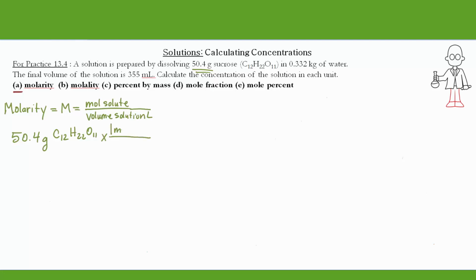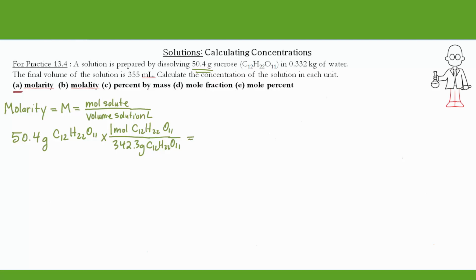So in 1 mole of C12H22O11, we have 342.3 grams of C12H22O11.